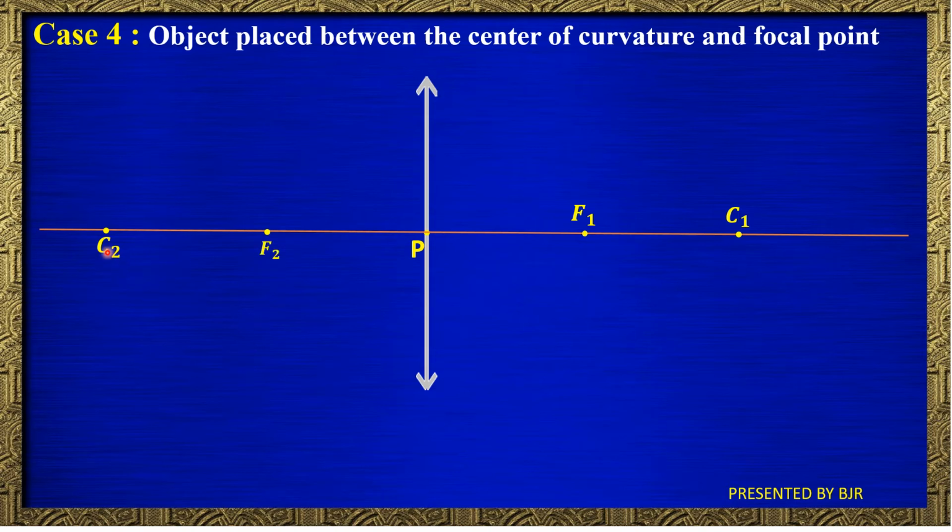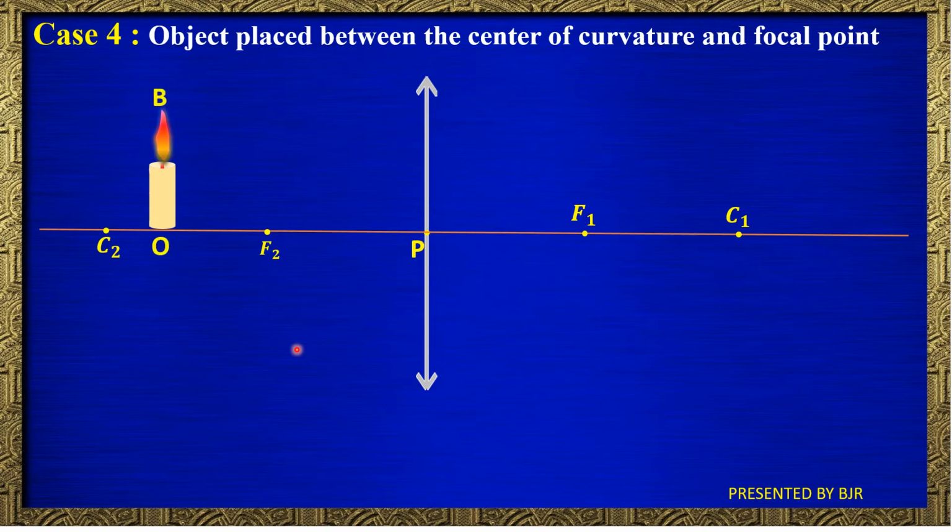Now I am going to place the object between C2 and F2, that is between center of curvature and the focal point. Previously I placed the object at C2, image was formed at C1. Now here I am going to place the object between C2 and F2, that is center of curvature and the focal point. This is the candle that I have placed.